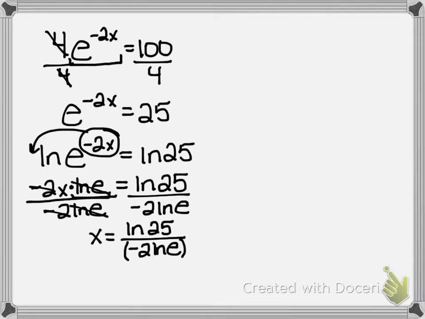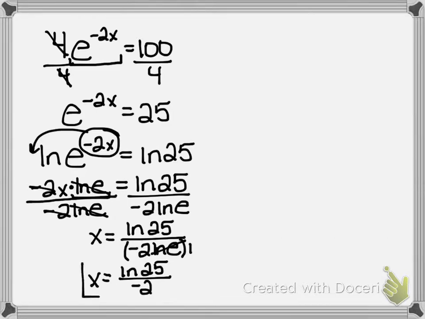Okay? If you don't want to pause, what I would recommend you do now, if you hadn't done it earlier, is go ahead and try to commit it to memory that this natural log of e is just 1. And so what that means is that you have your natural log of 25 up on top, and all that you have left in the denominator is a -2.